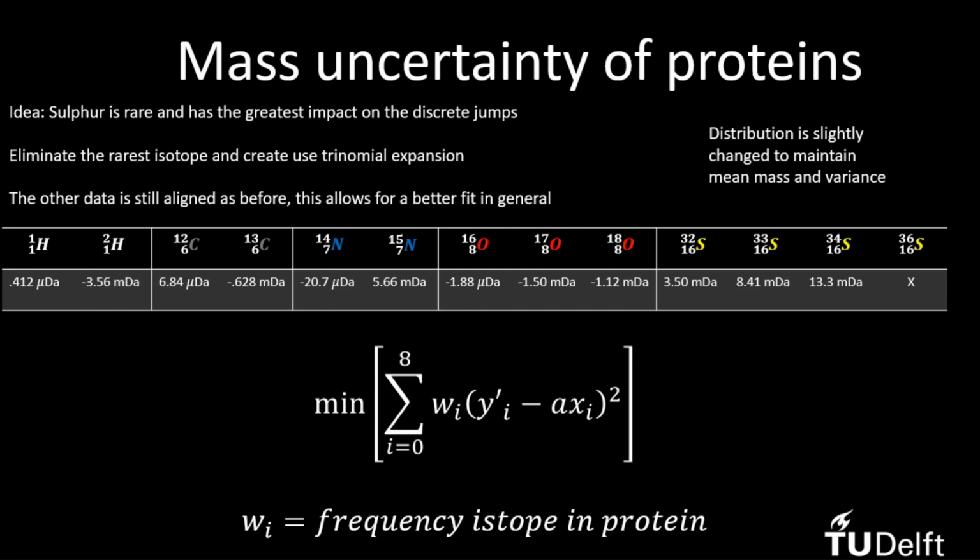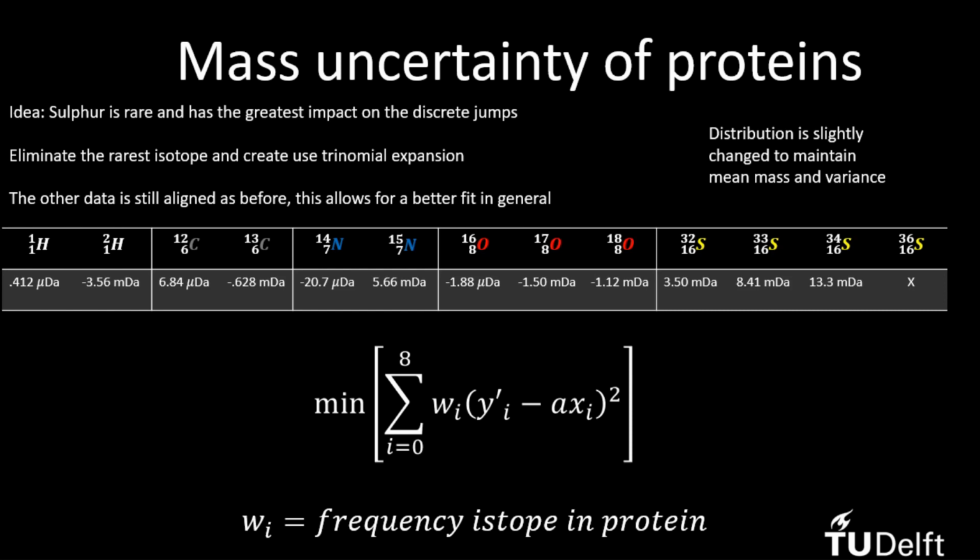Now you can see that sulfur 36 is actually excluded. The reason that I do that is because sulfur 36 appears very infrequently. To reduce the complexity of the memory requirement, I say that it's not relevant, so I remove that data point. Now, of course, this isn't ideal, but it is a good enough approximation.